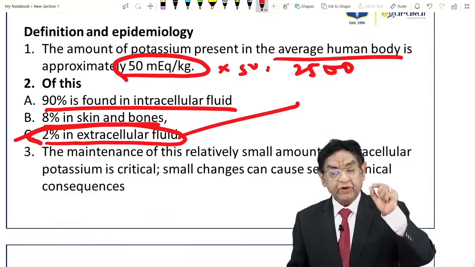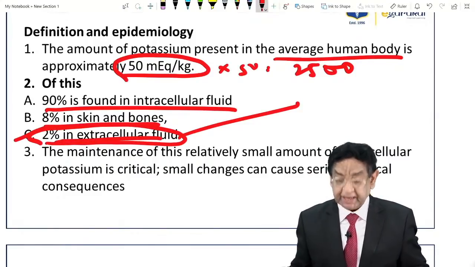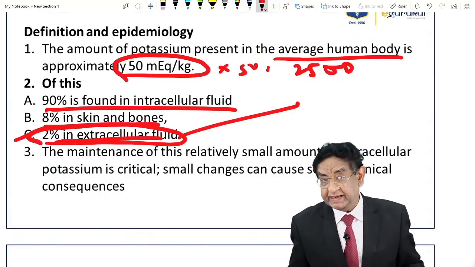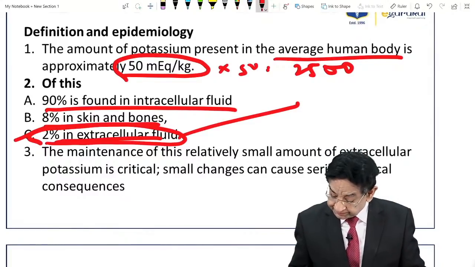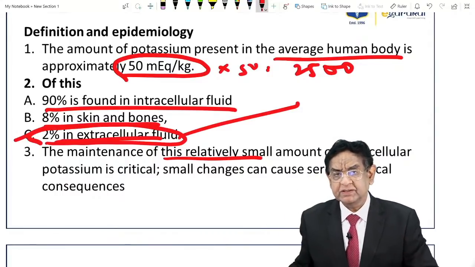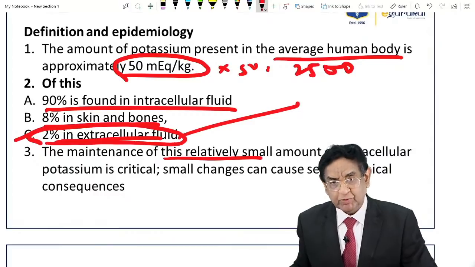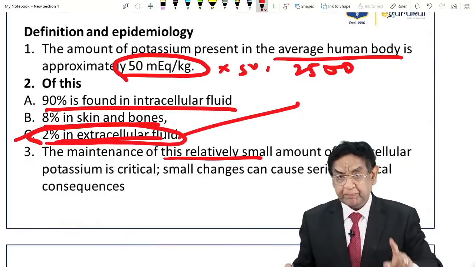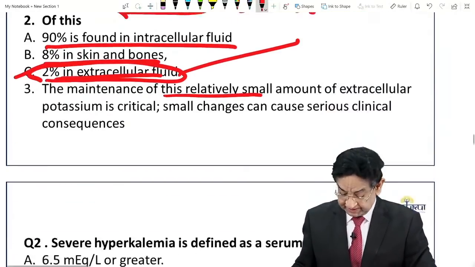For electrolyte imbalance, this little amount determines hypo or hyperkalemia, and it has to be maintained in the normal range when we talk about normokalemia. So 2% is the only key word you have to remember in this slide.